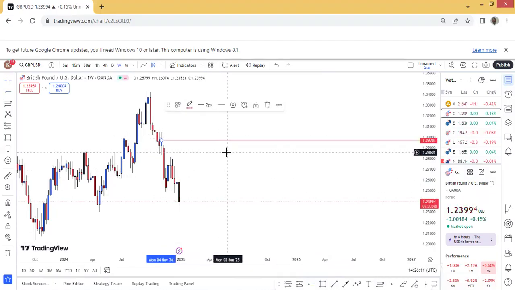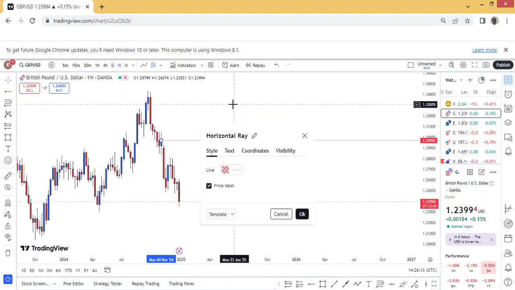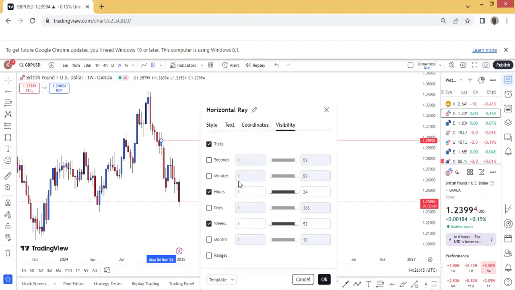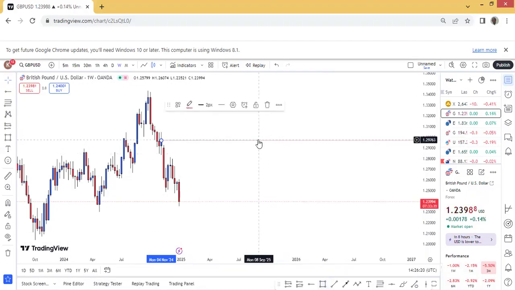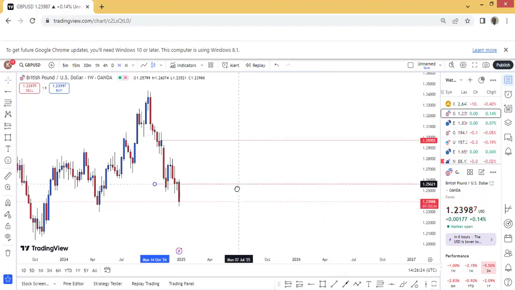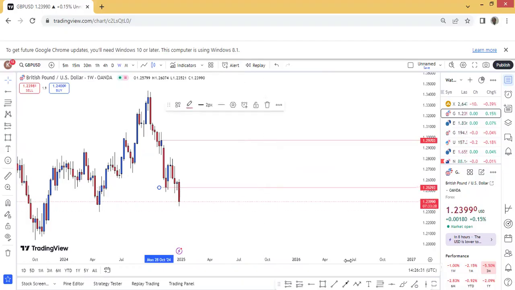So I plot my levels. Good. So we have our lower high.